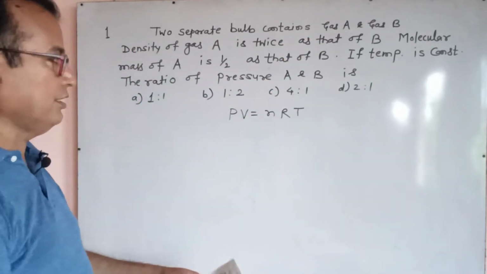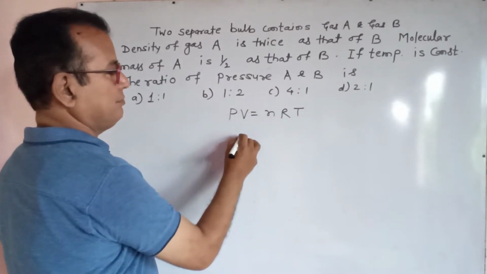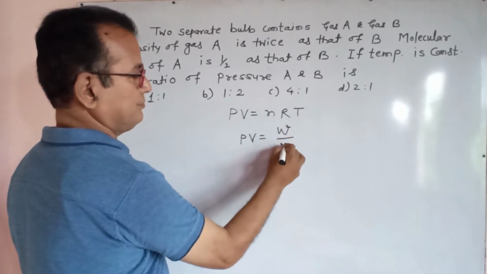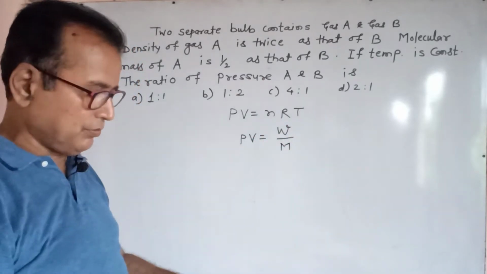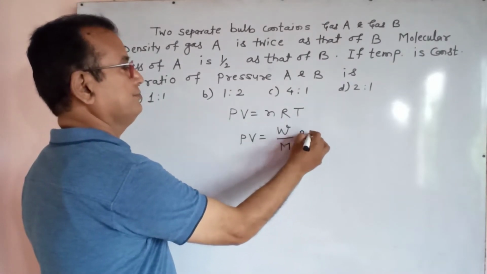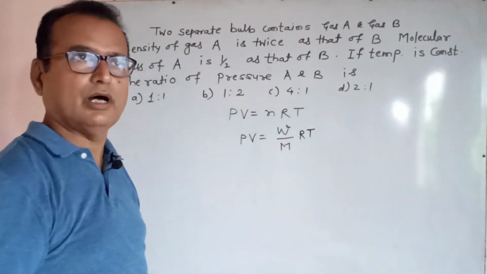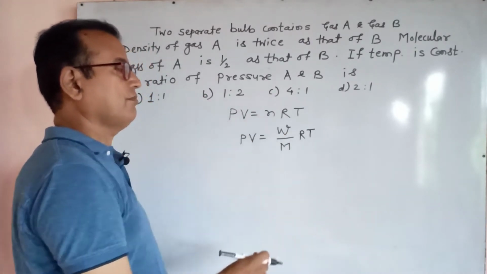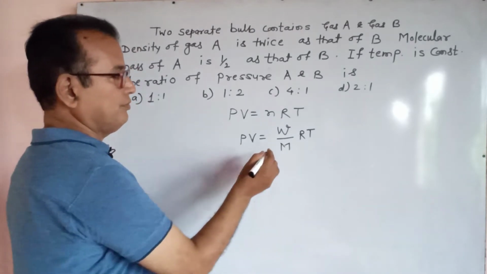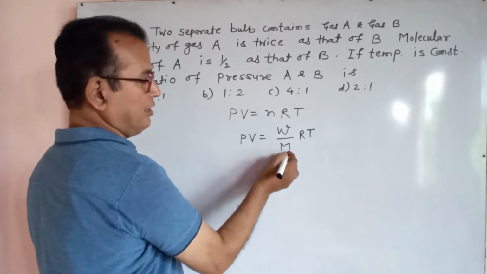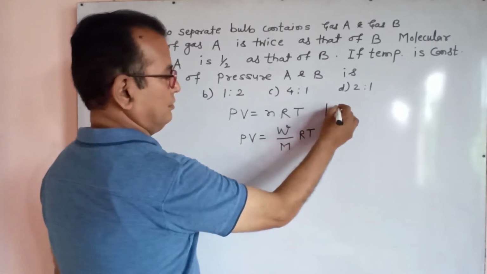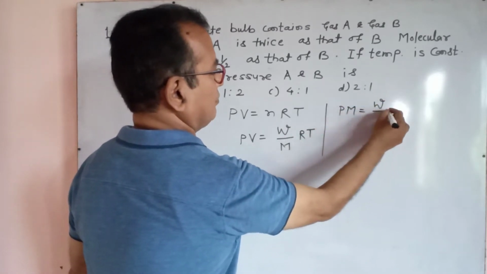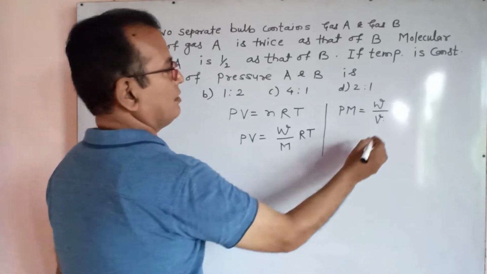PV is equal to nRT. Here n means given mass upon molar mass, so PV equals given mass upon molar mass times RT. It is a somewhat modified formula. n means number of moles of gas, W is the given mass of the gas upon molar mass M. Then it is converted into V. Here, take M, so PM is equal to given mass upon volume of gas times RT.